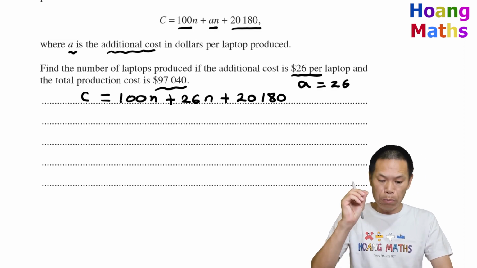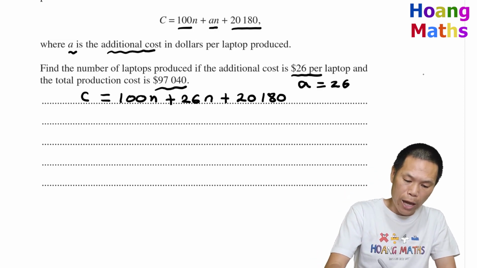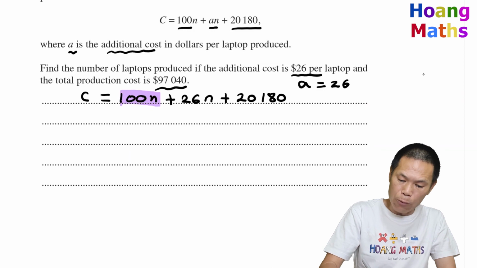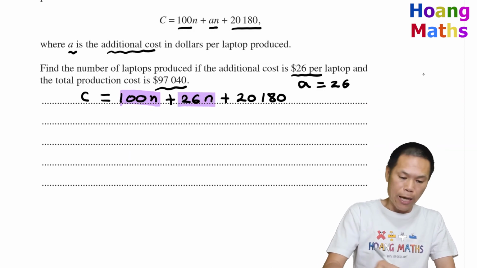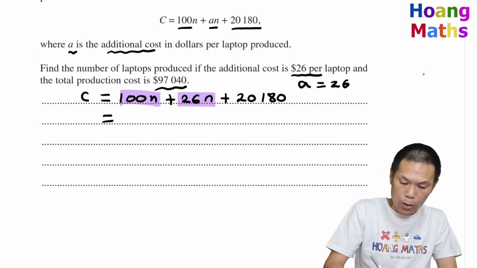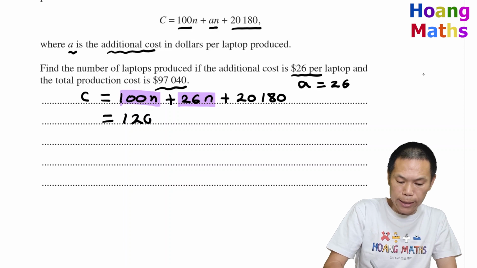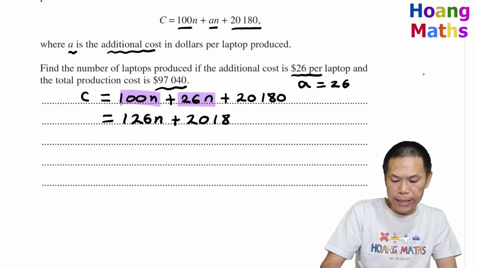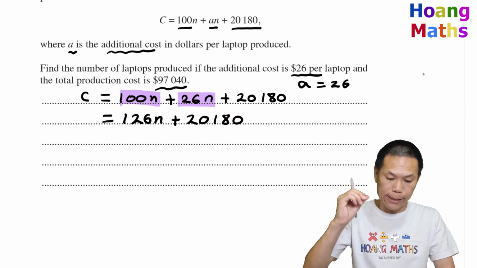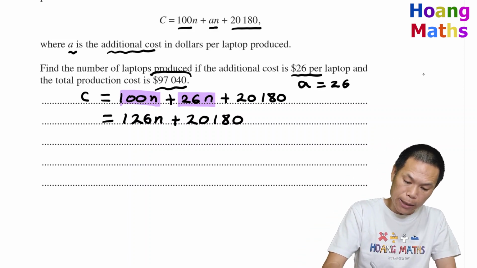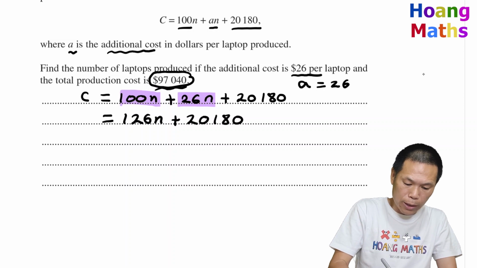So let me just simplify this first, because we have 100N and we add 26N, and that will give me 126N plus 20,180. And we know that C is this amount.